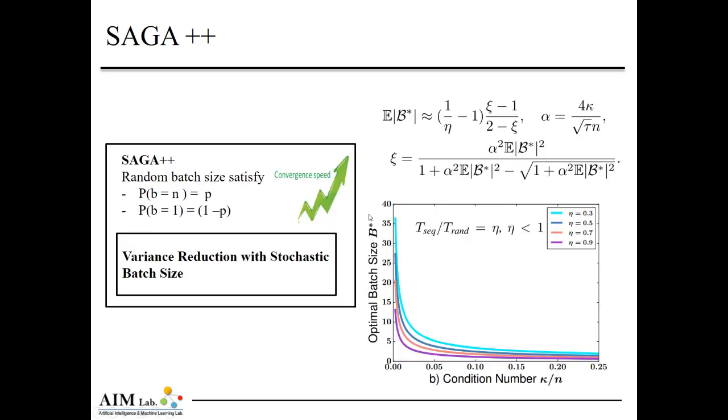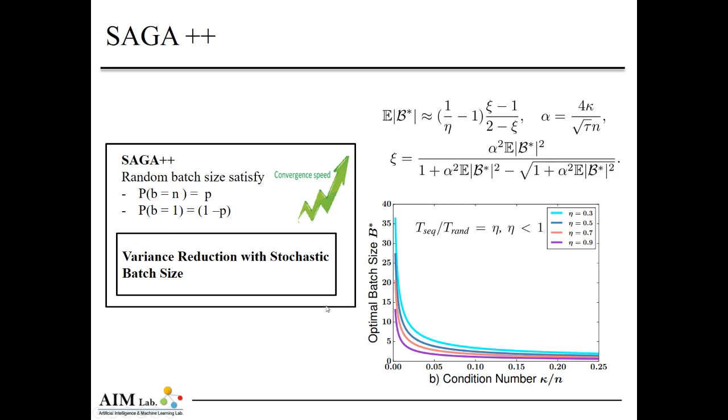Saga++ based on variance reduction with stochastic path size framework and propose the rule for randomizing path size that is at each time step the probability of path size is equal to n is p, otherwise path size is equal to 1.